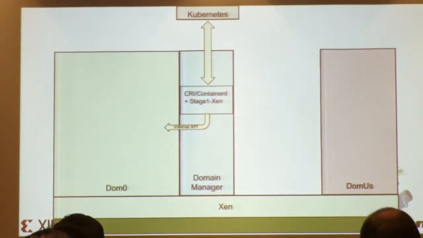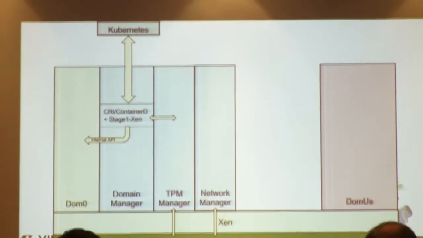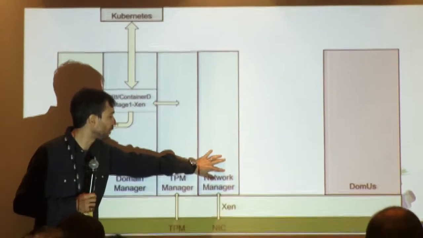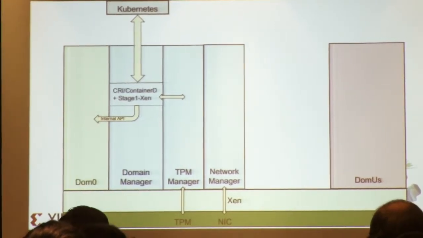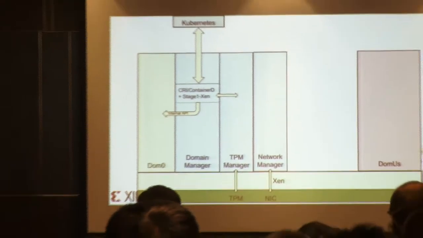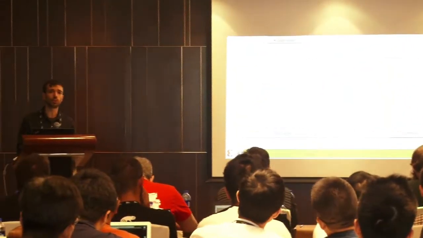And then the next step is to add driver domains. And specifically, we are talking about a network driver domain here and a TPM manager at the very least, so that Dom0 doesn't have to have the network card directly, might not even need network access at all.